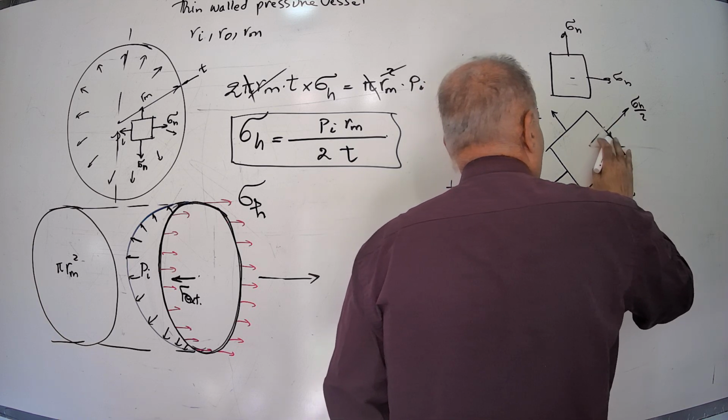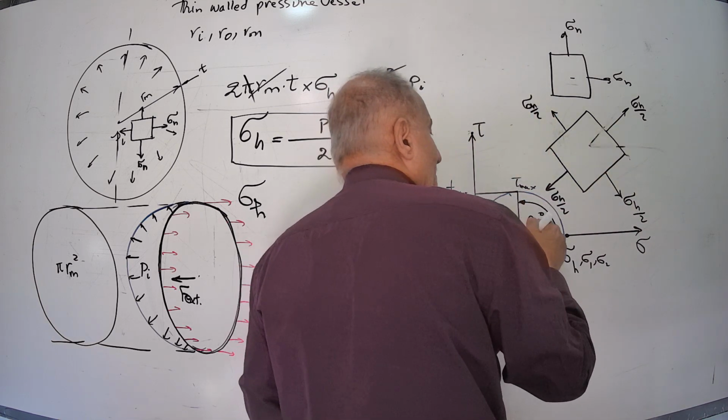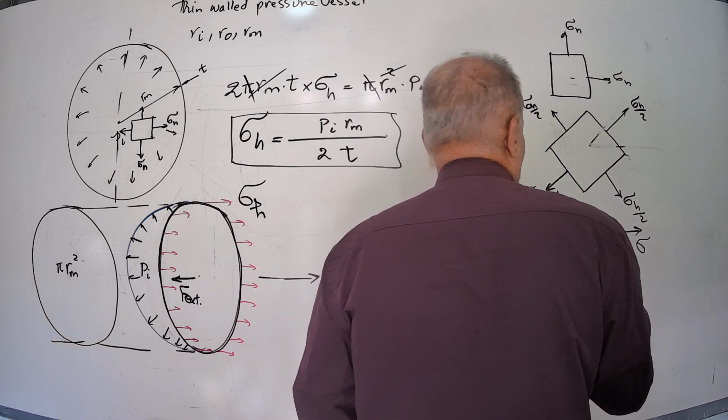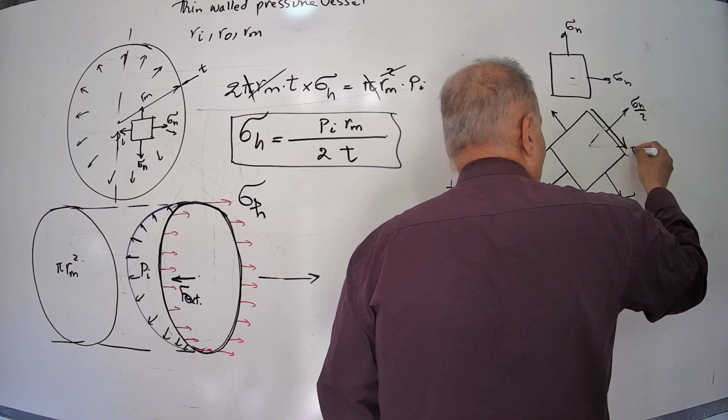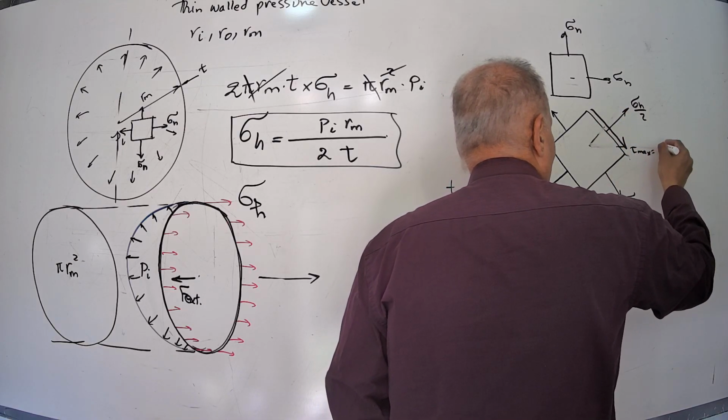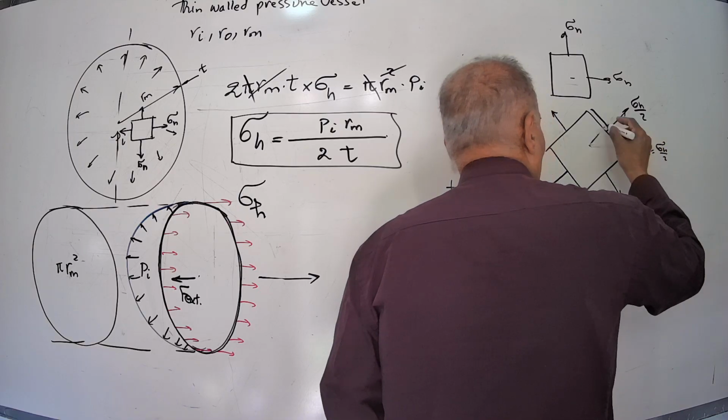But there is a tau max, which we consider positive, clockwise, and which is also equal to sigma h over 2.